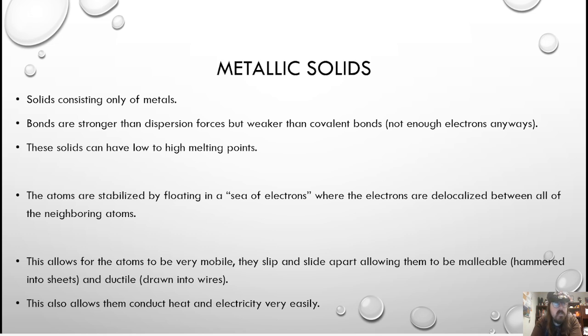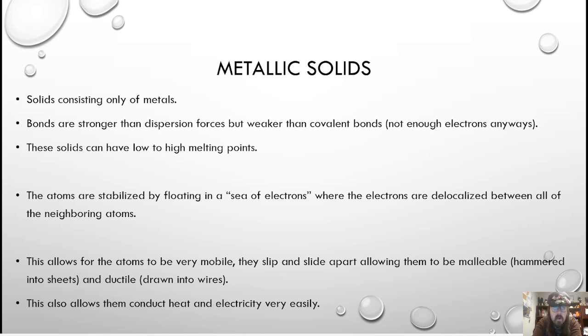But so we'll start by talking about metallic solids, because they are the easiest, since they're just metal. There's not really a matter of how they're packed. It depends a little bit, but not too much.